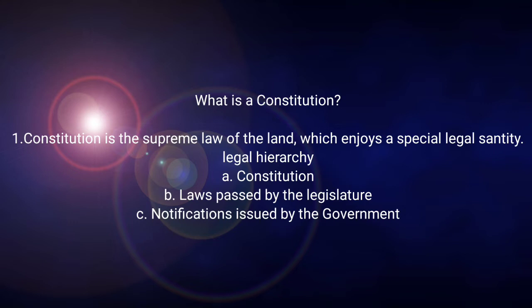But these laws and at the same time these notifications cannot go against the constitution. That is the special power which is entrusted to the constitution, and that power we will call as special legal sanctity. Let's understand this furthermore with a small example.